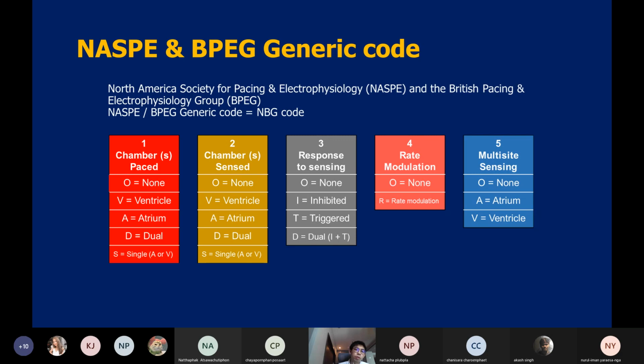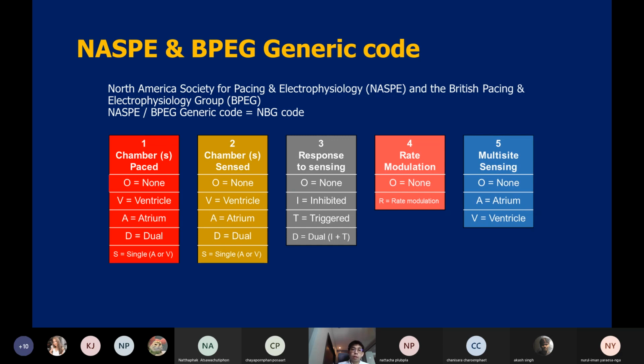You cannot have none of the leads in the ventricle or atrium. So if you put a single pacemaker in an atrium, the first code would be A. If you put only the RV lead in the ventricle, the first code would be V. And if you put the dual chamber pacemaker, which could pace on atrium and ventricle, the first code would be D.